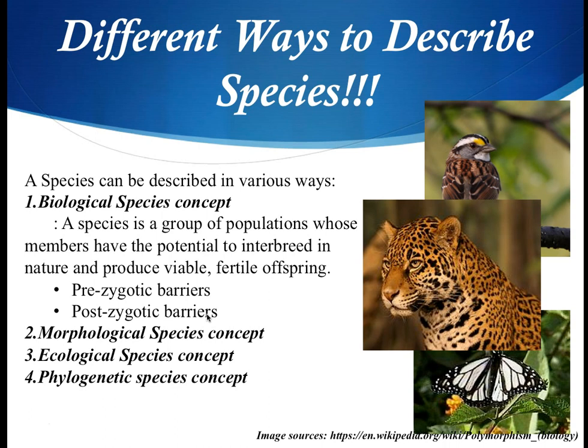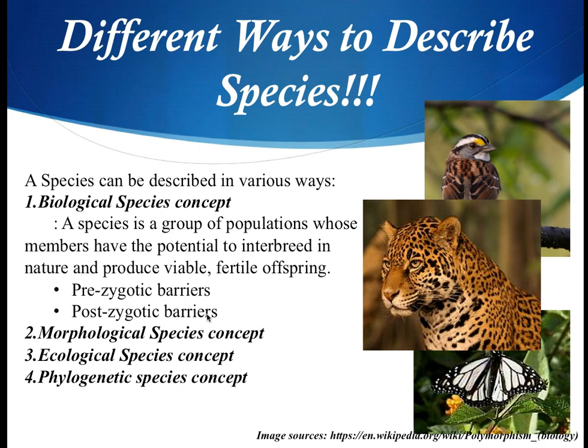The ecological concept defines species in terms of its ecological niche, and the phylogenetic species concept defines a species as the smallest group of individuals that share a common ancestor, forming one branch on the tree of life.